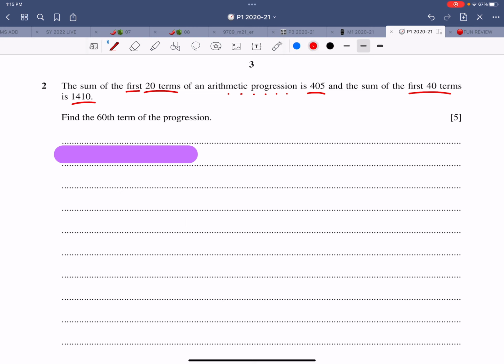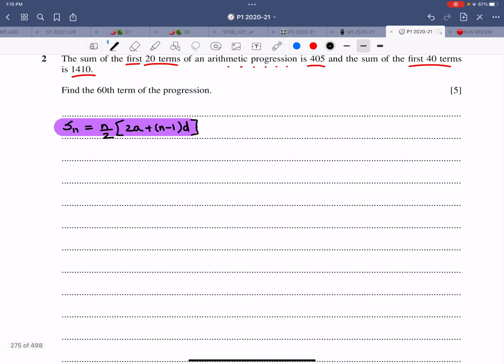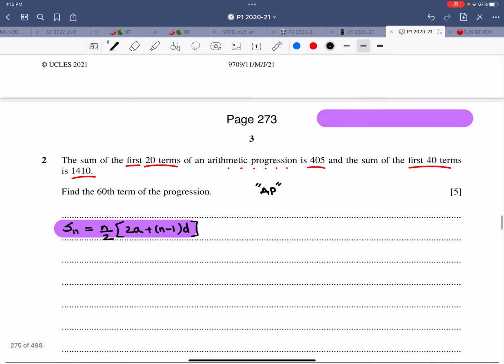For the sum formula, we have Sn equals n divided by 2, (2a + (n-1)d). That is the formula we will use twice, and it's a question of simultaneous equations. And always make a habit of writing exactly what the topic is all about, and that I have over here.